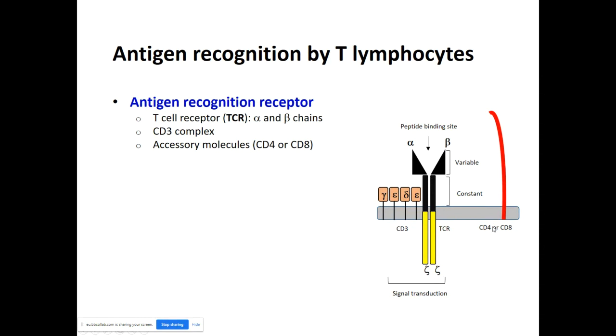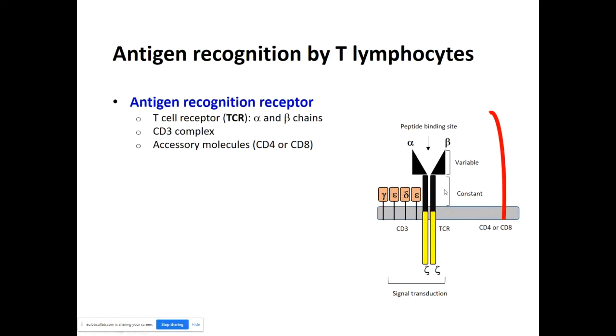The third is the accessory molecule. So T cells can be either CD4 or CD8. They can't be CD4 and CD8. Therefore, you will have this complex with either CD4 at the cell surface, and CD4 is important because it's an accessory molecule that recognizes MHC class 2.